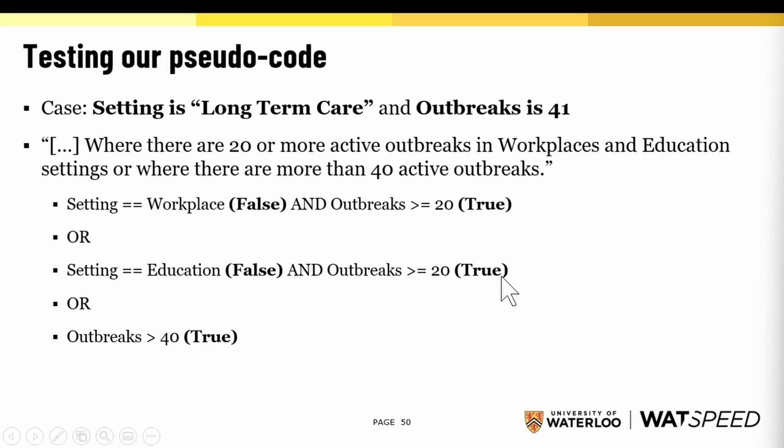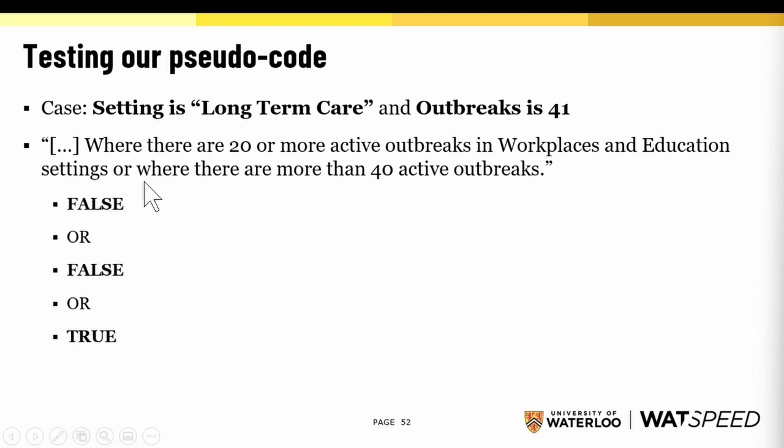And outbreaks is greater than or equal to 20, that is true. Or outbreaks is greater than 40, that is true. If we work each of these lines through, we see that the first line is false, the second line is false, the third line is true. That leaves us with false or true, which comes out to true.